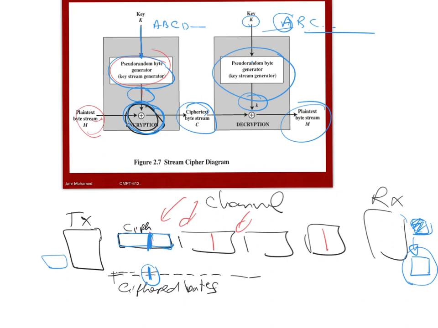WEP uses RC4. And that's why it's easily breakable. Here, I have to say that the cost of this is that the security strength is very low. Why? Because as we said, it's based on the Vernam cipher.